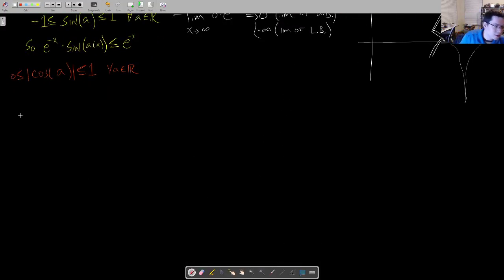So what is the limit as x goes to infinity of 1 divided by cosine of e to the negative x? Well, e to the negative x approaches 0.